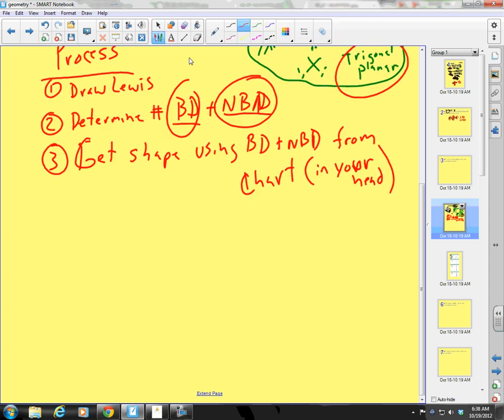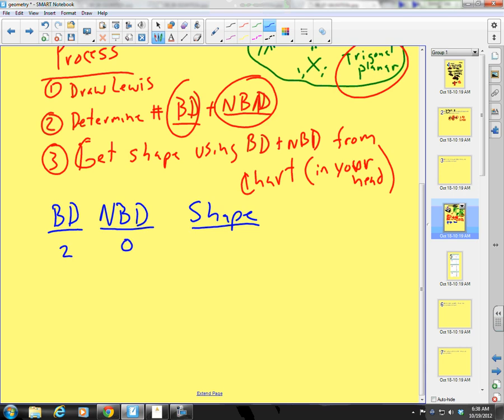Now, specifically, what is that chart? Well, let's make the chart. Here's the chart. Bonding domains, non-bonding domains, shape. All right, if I have 2, 0, it is linear. If I have 3, 0, we call that trigonal, and trigonal means it has a triangular base.